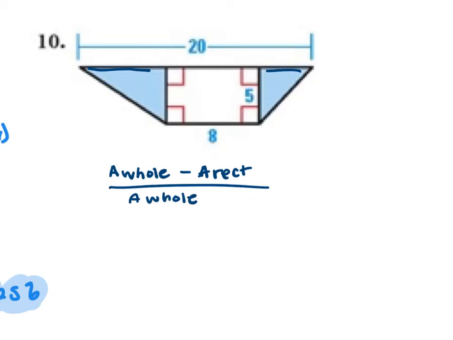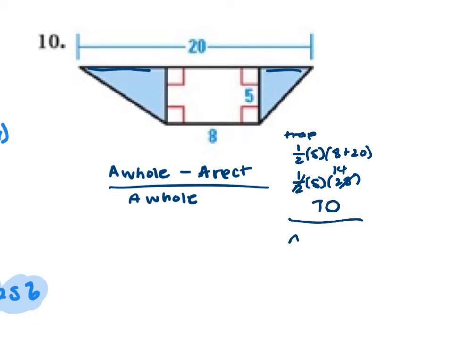So the whole trapezoid would be 1/2 times 5 times 8 plus 20. 1/2 times 5 times 28. 1/2 of 28 is 14, and that's 70. The area of the rectangle is just 5 times 8, or 40.